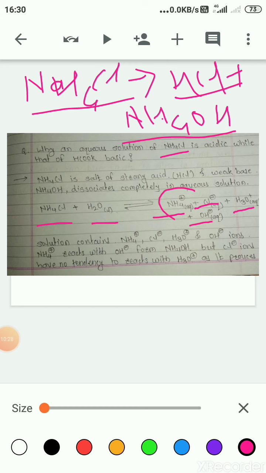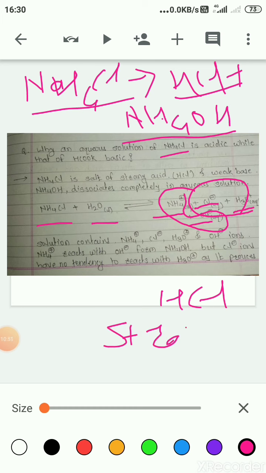Now see here, if ammonium and hydroxide ions combine to form ammonium hydroxide, which is a weak electrolyte and dissociates partially or incompletely in aqueous solution, while H plus and Cl minus ions produce HCl, which is a strong electrolyte, it again dissociates into H plus and Cl minus ions.